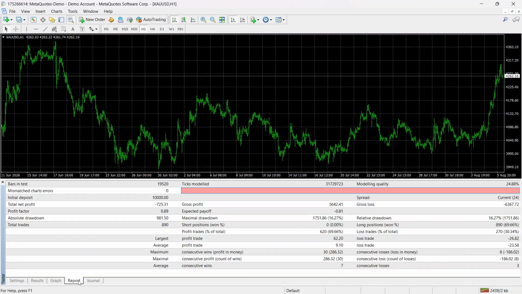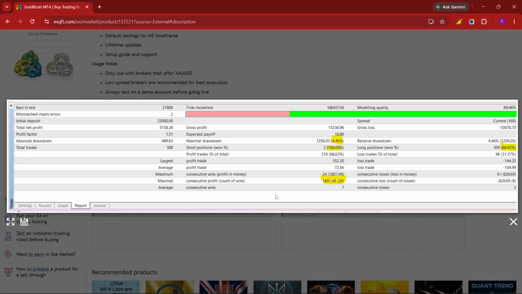Now, when we put all this next to the developer's claim of low drawdown and consistent execution, a 16% relative drawdown on a 10,000 account is already noticeable, and the negative expectancy shows up clearly because the winners simply weren't big enough to cover the losses over the full year. The high win rate is there in the data, but the risk reward ratio worked against the system in this test window. A few practical things matter from the test settings and the way the EA behaves, which are the fixed stop loss and take profit distance, the real control levers.